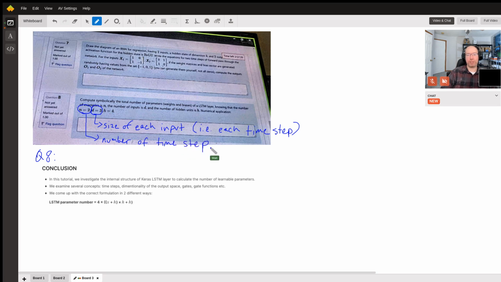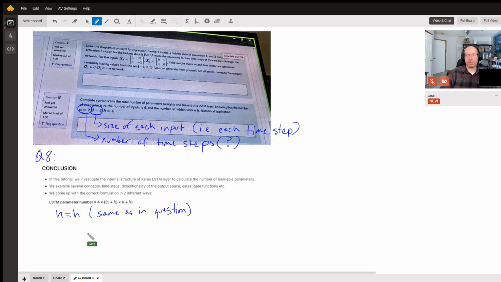I think that's a little bit of a question mark. And then the number of hidden units is fine. That's H. So here in this expression, H is the same as in the question.